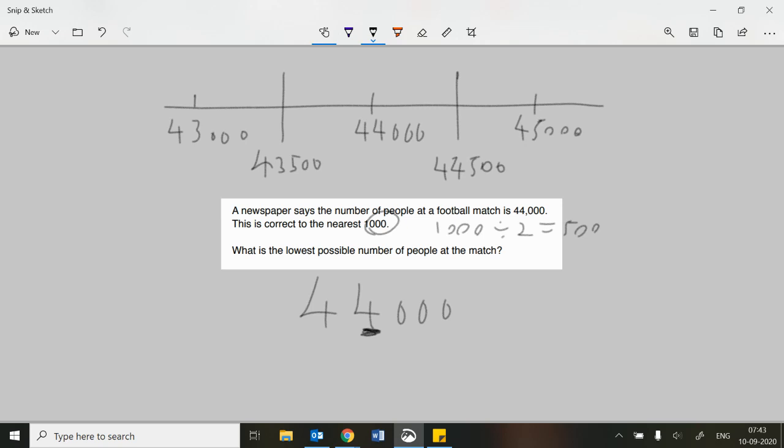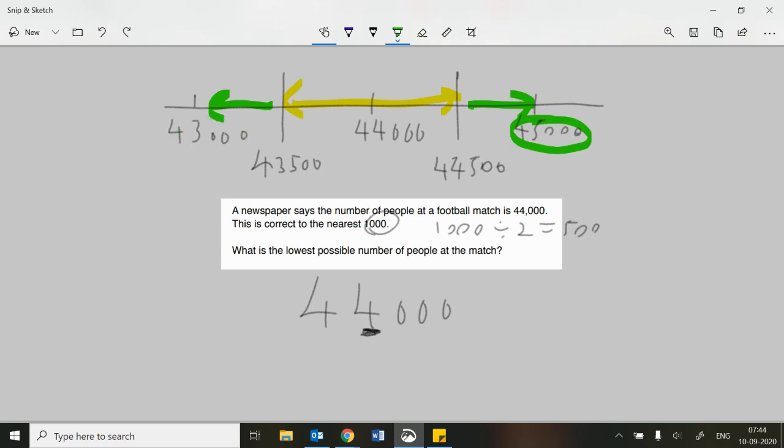Now, when you look at this number line, you can see that anything between those two halfway points is going to round to 44,000 to the nearest 1,000, and anything beyond those points is going to round up to the next one, or round down to the previous one.